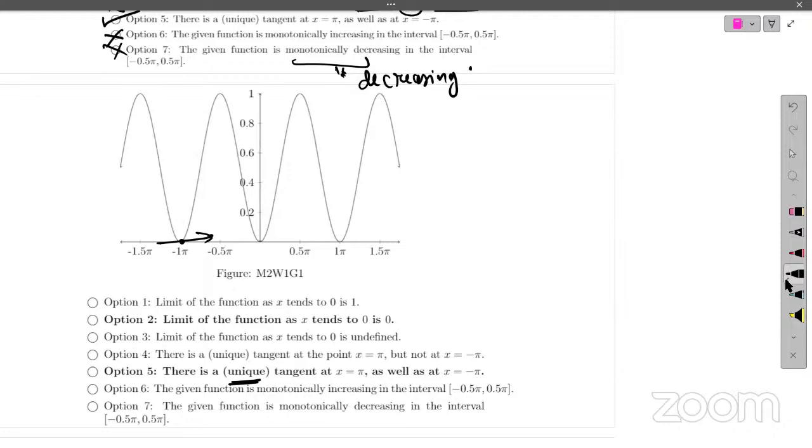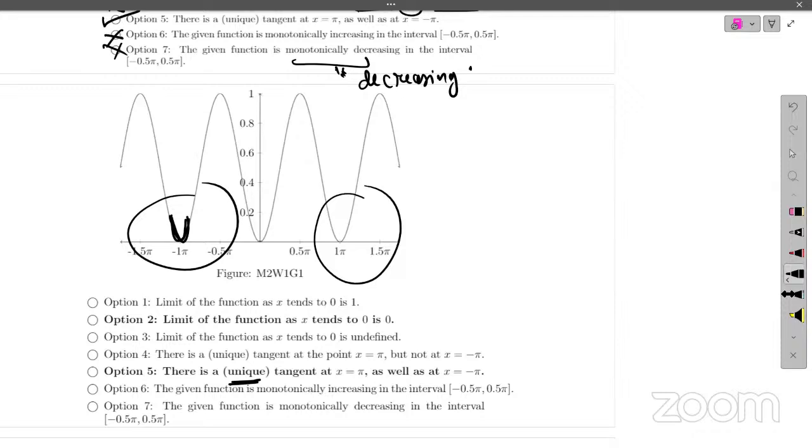So here there is no corner. What happens if a function is differentiable at some point? Then there exists a unique tangent. That's the rule, and the equation of the tangent we can also find out. By observation, it's a smooth function at x equals pi, correct? Smoothly it's turning, so some kind of parabola type of behavior is here, and we know that parabolas are differentiable.